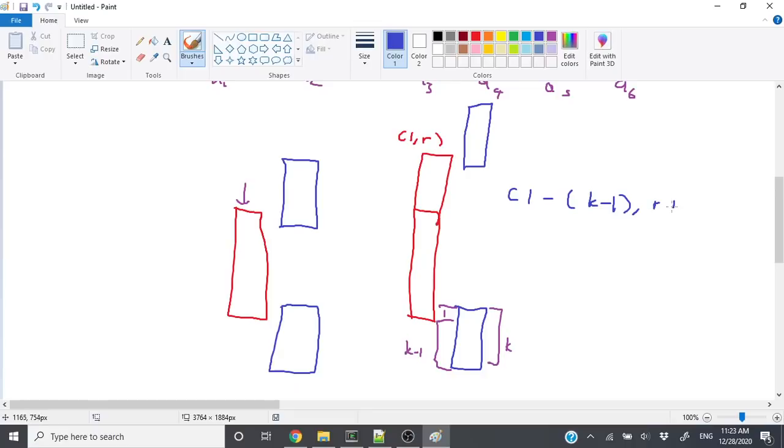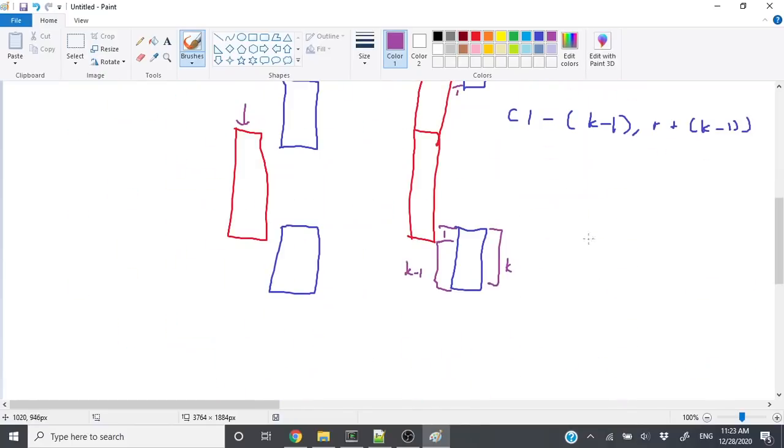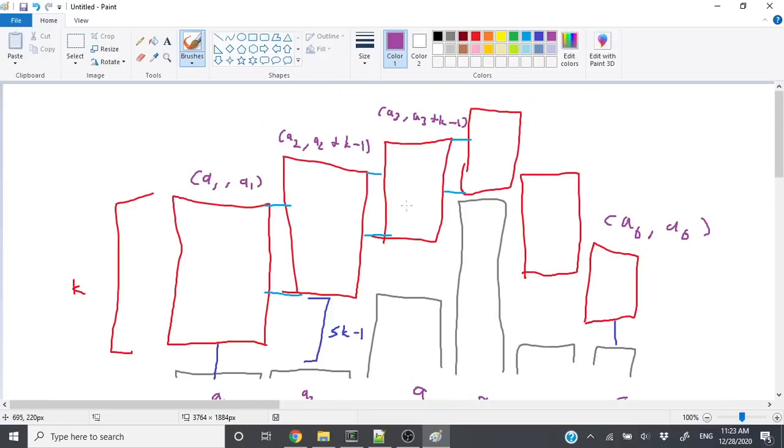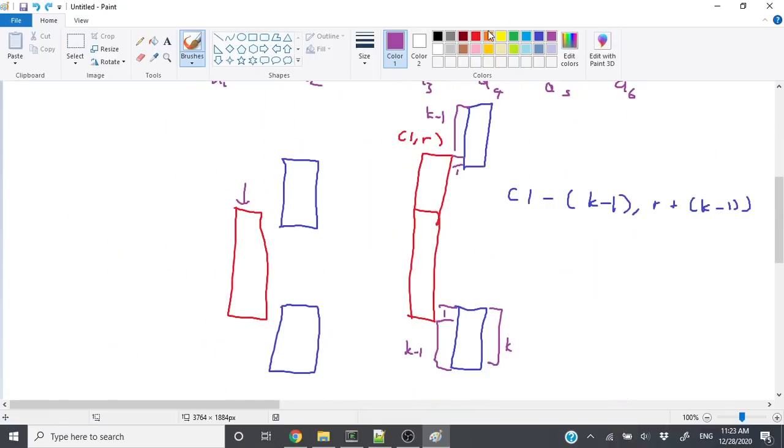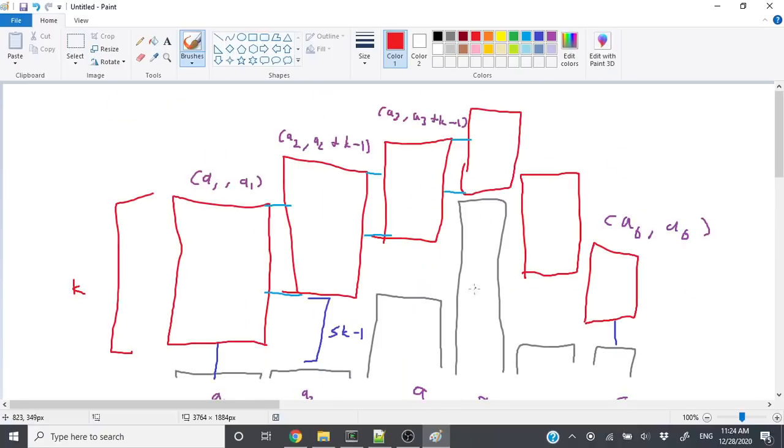And we have the same argument here that this would be R plus K minus 1, because this is 1. So we get K minus 1 freedom up top as well. Based only on the interval of the previous fence post, this is what we have to do to make it intersect. I'll make this capital L. So that's the interval we get from the previous one.